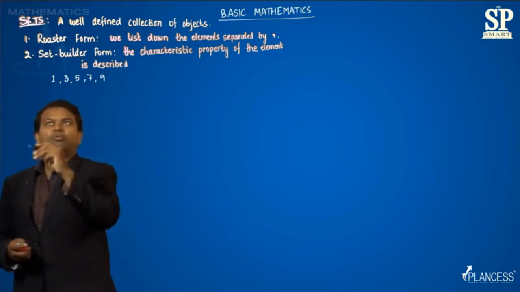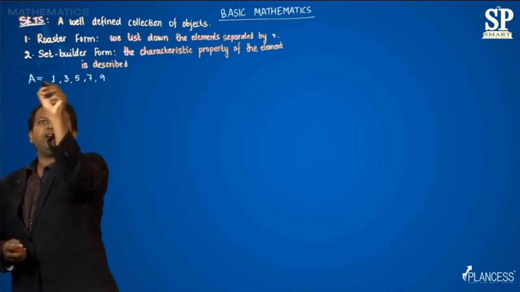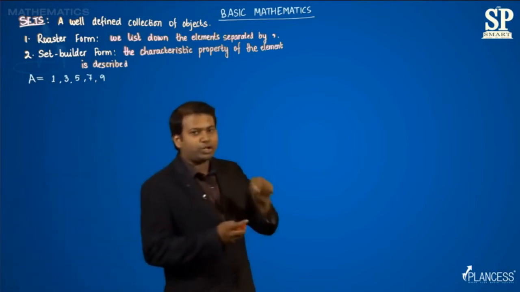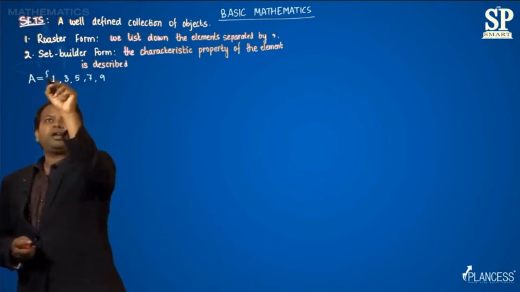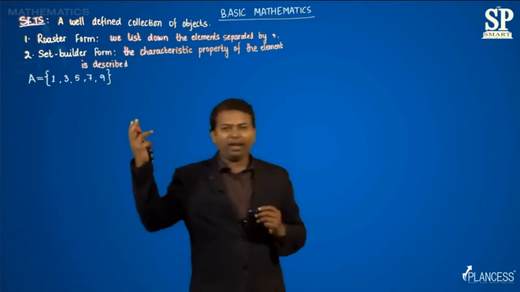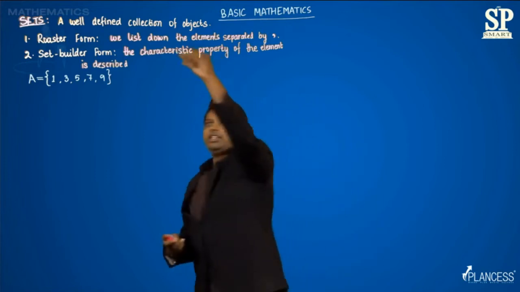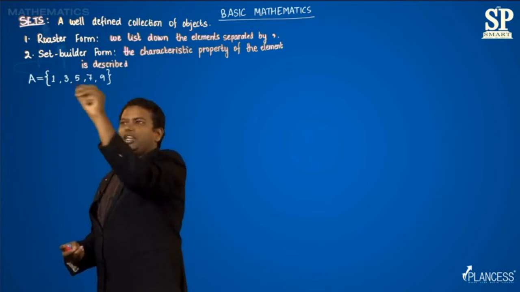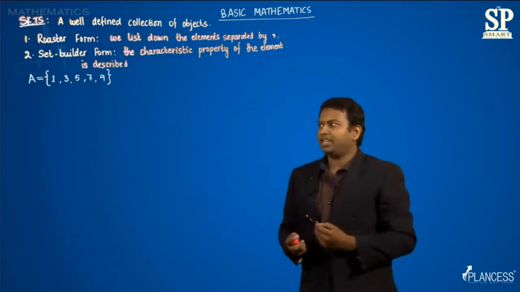In the roster form, let us say the set is denoted by a capital letter A, and we write down each of the elements separated by a comma, and then we write all these elements in a curly bracket. When we list down each of the elements explicitly separated by a comma, this is known as the roster form. So this is an example of a roster form representation of a set.